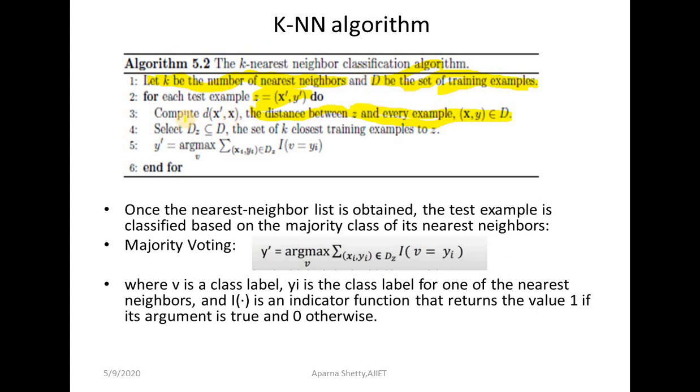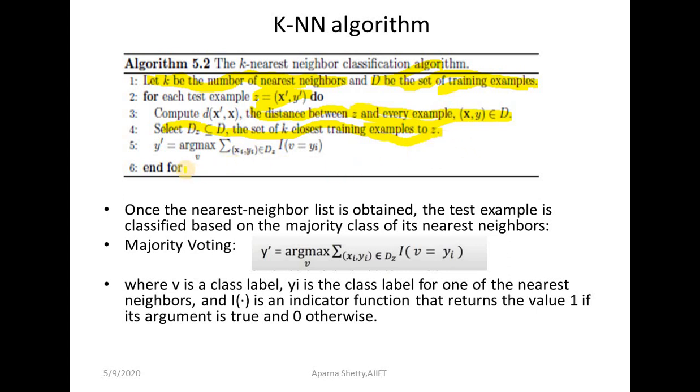Next, select Dz, which is a subset of D, that is the set of k closest training examples to z. So once we have computed the distance between the test data and all the training records, next we have to select the k closest nearest neighbors.